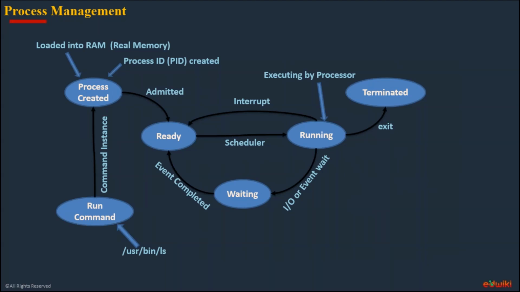It will go to 100% usage, and there is no space left in the real memory to load any new processes. That kind of bad situation will arise if the number of zombie processes increases in your system. Good.